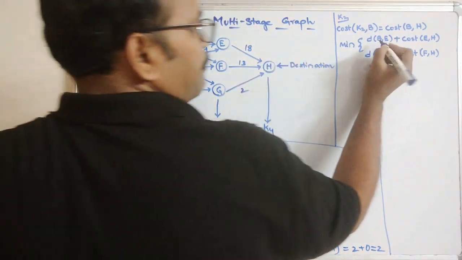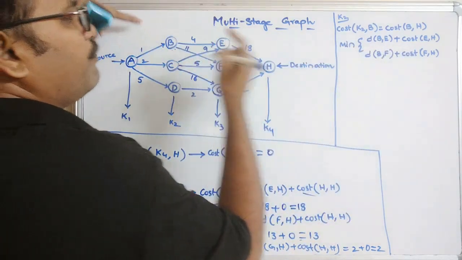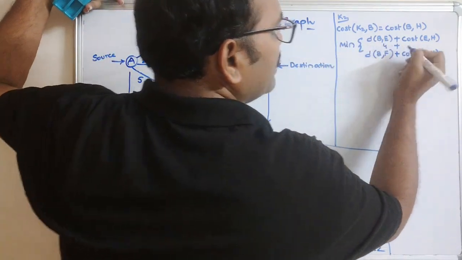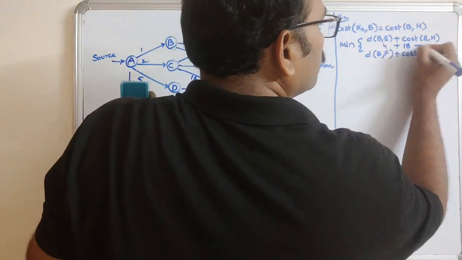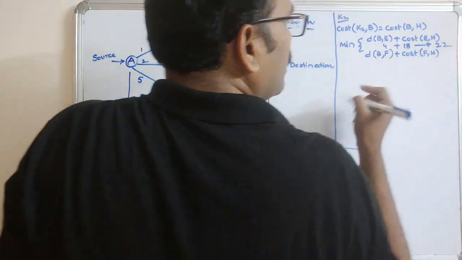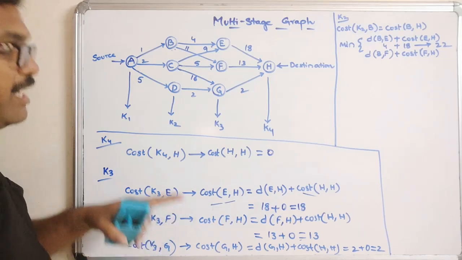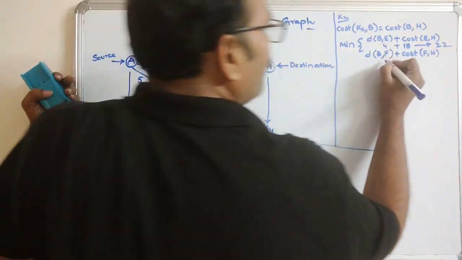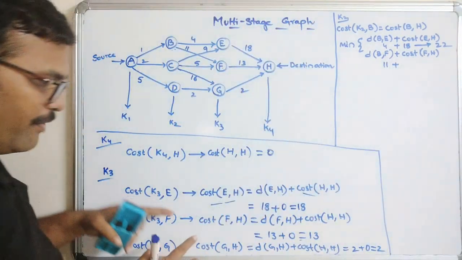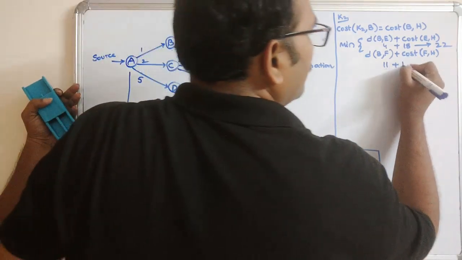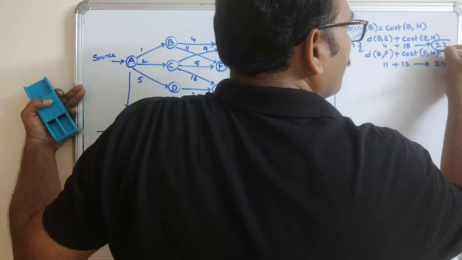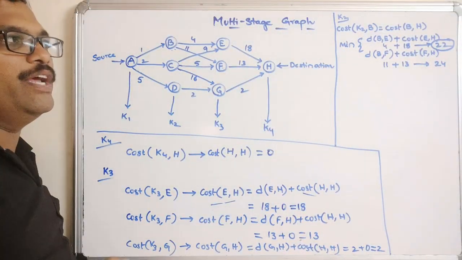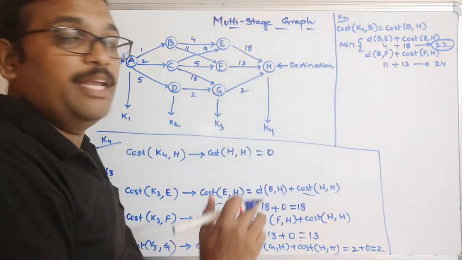Now calculate DBE. DBE means 4 plus cost of EH, we have found 18, which gives 22. And the next possibility B to F is 11 plus cost of F comma H, which is 13, which is 24. So we need to consider the lowest, the minimum.